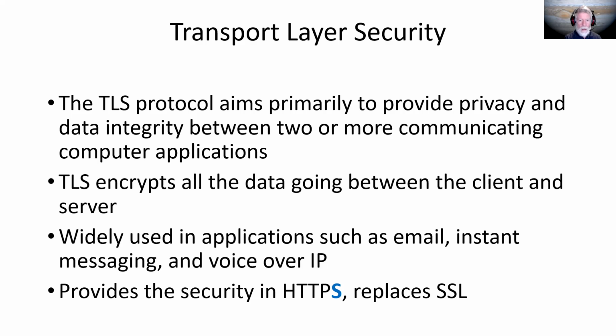It uses public key or asymmetric encryption initially, and then it passes a key to the other side. Once both sides have the same key, they use much faster secret key or symmetric encryption. It's used all over for a lot of things. So it's TLS. You might hear a lot about SSL. SSL was the predecessor to TLS. Pretty much the same concept.